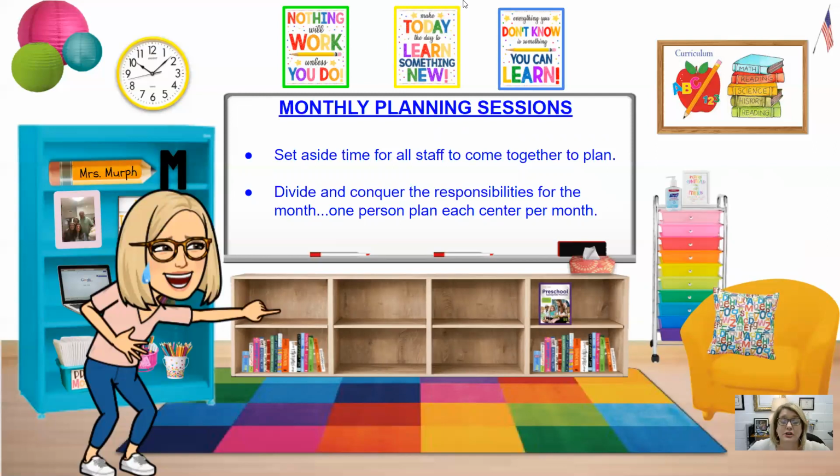Okay, Tracy, it's going to be your job to take care of the block center. So I'm going to be responsible for setting up the block center and getting all those things together. I'm in charge of one or two particular learning centers for that month so that we can have effective planning.